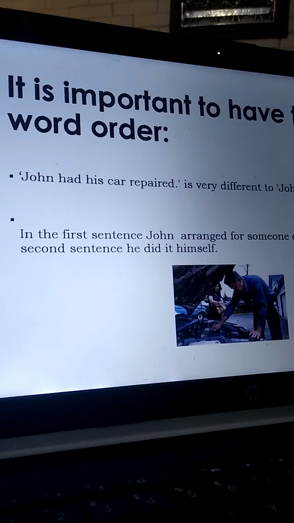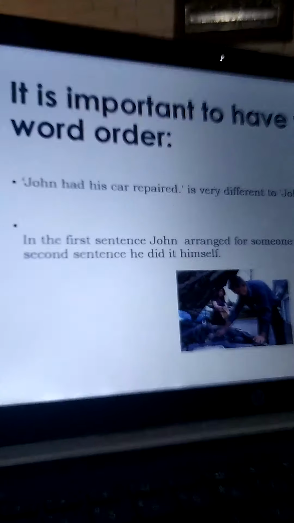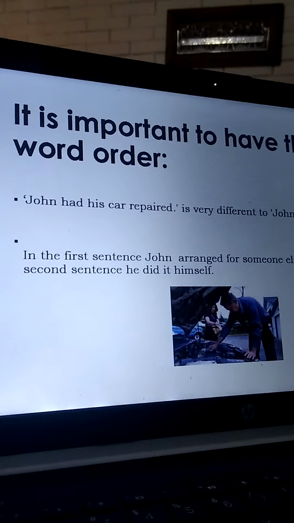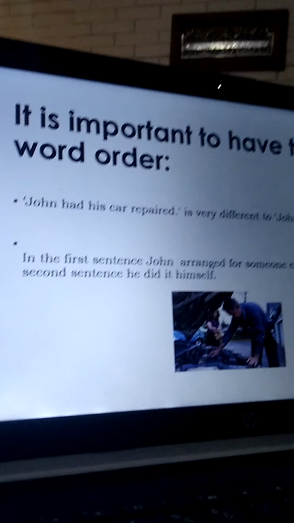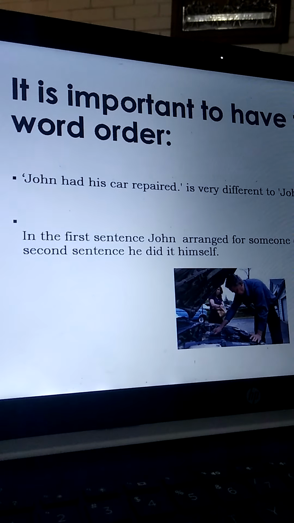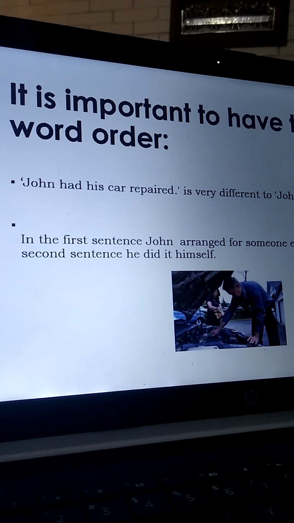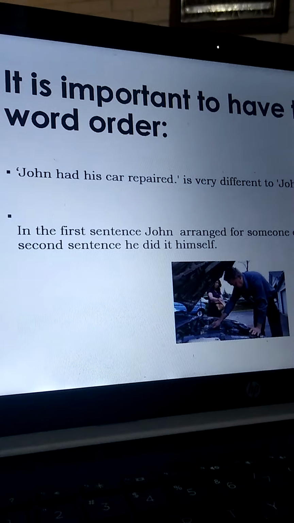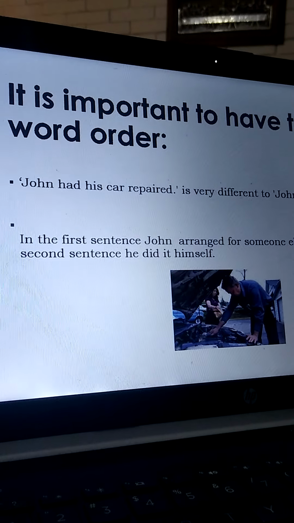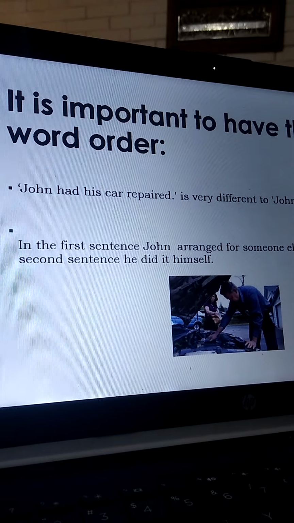What's the meaning of the causative? Yes, teacher. Perfect. And here you have the explanation in another way. In the first sentence, John arranged for someone else to repair his car, a mechanic or a specialist. And in the second one, John did it himself.